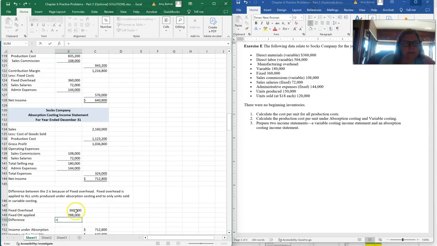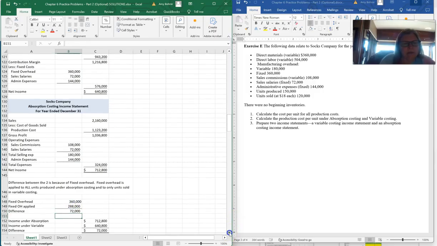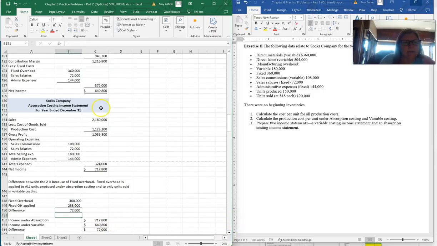So the difference is $72,000, and that is the difference in our net income between the two. Okay, so this applied overhead is your units sold times your $2.40 under the absorption method for overhead.